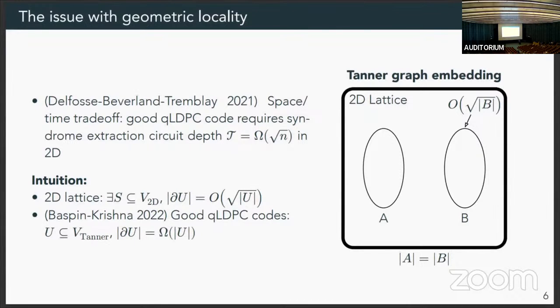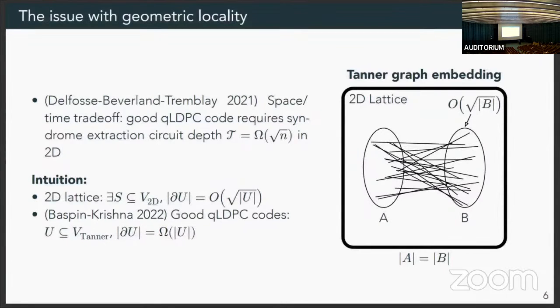However, we know that if we have a good quantum code, our Tanner graph must be an expander, and so we have a linear number of connections outside the region that we need to implement. So this looks something like this, where we have a linear number of edges, and we have only this square root number of connections that we can implement these with. So that's how we get square root.